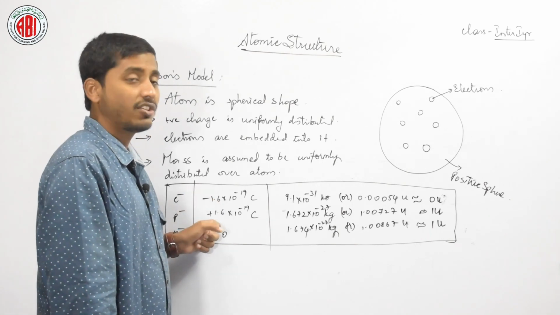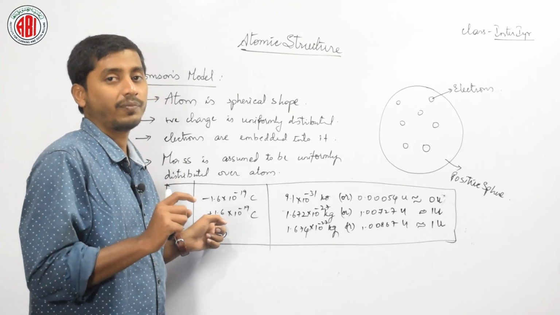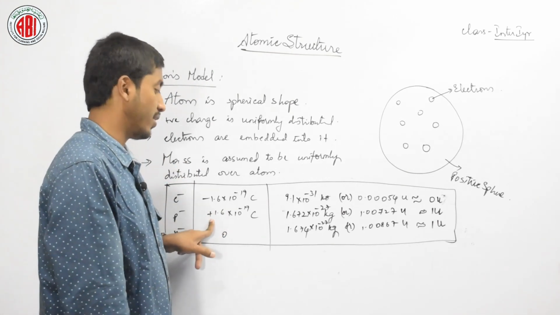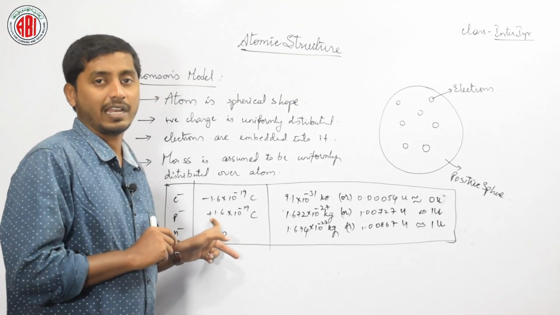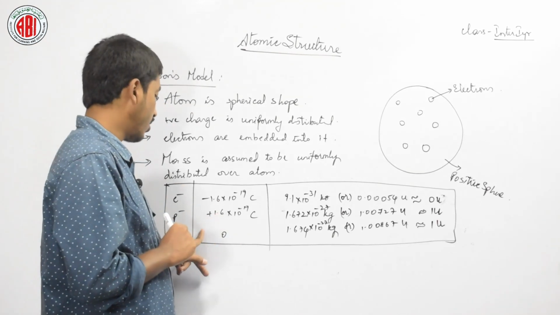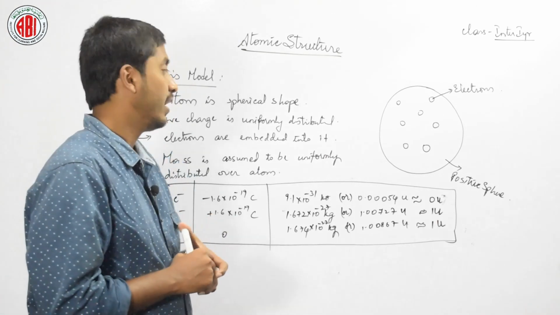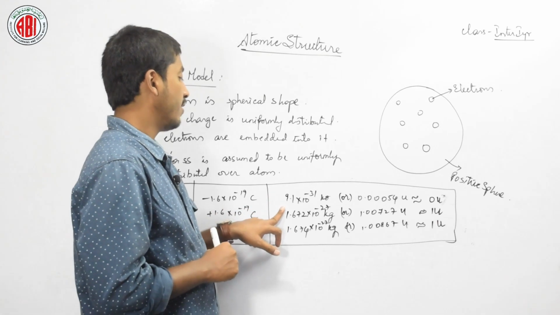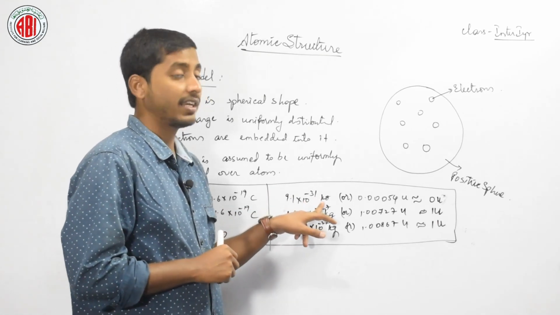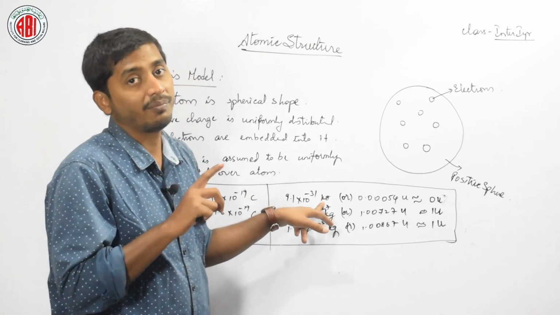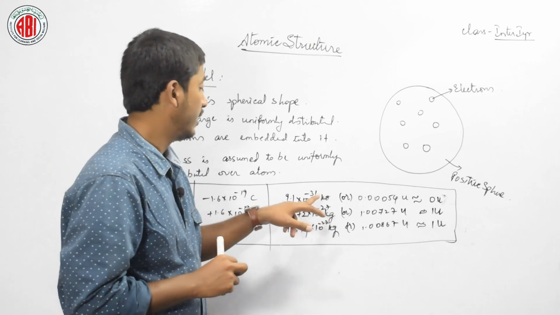Similarly, what is the charge of a proton? The electron charge and the proton charge are always the same, but since it is a positively charged particle, we have to place a positive sign in front of the value, right. What about the neutron? The neutron itself has a neutral charge, is it clear? Then next, when it comes to mass, what is the mass of an electron? It is 9.1 into 10 power minus 31 kg, which was derived from the oil drop experiment, Millikan's experiment, right.